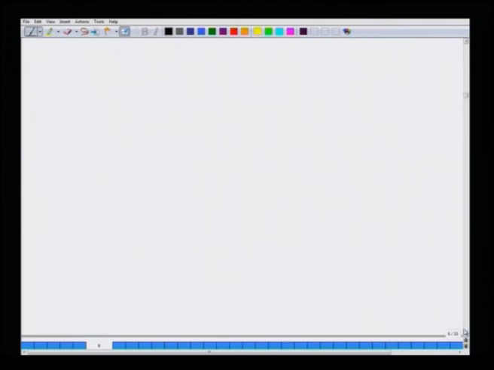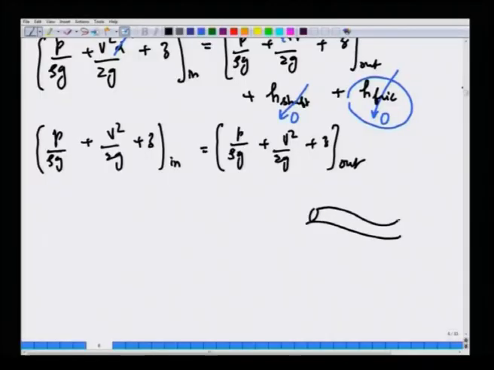Now, this we can further simplify the stream tube or further shrink the stream tube to an infinitesimal thickness. In the limit, it becomes a streamline.